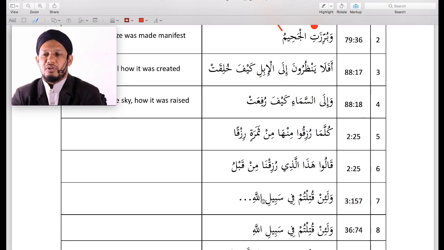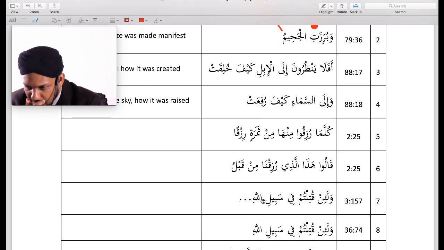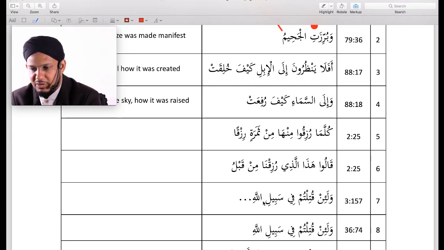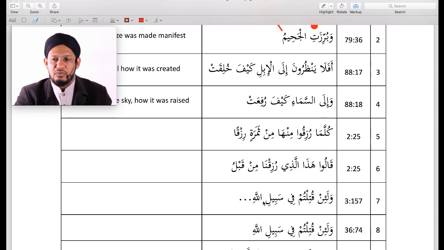Next one. كلما رزقوا منها من ثمرة رزقا. Okay. It's a bit more difficult, but we can do it inshallah. كلما means every time. What does رزقوا mean? Translate just رزقوا منها, from. Or just translate كلما رزقوا منها.